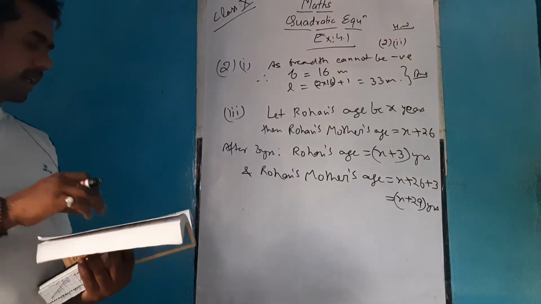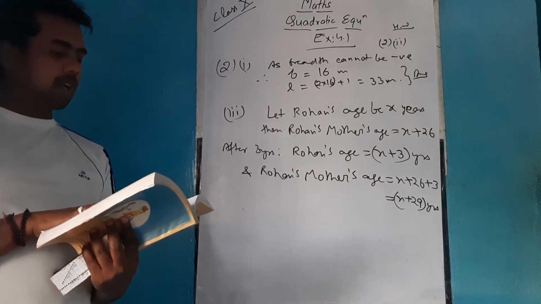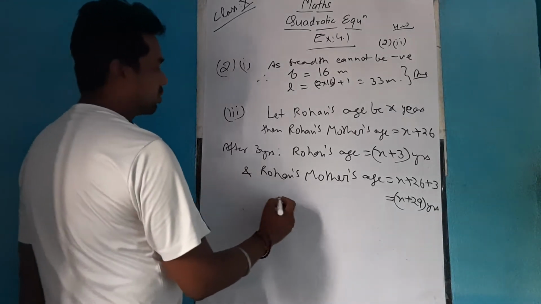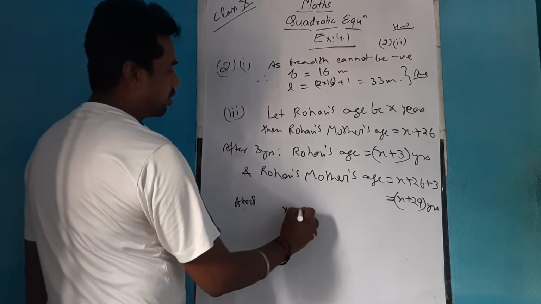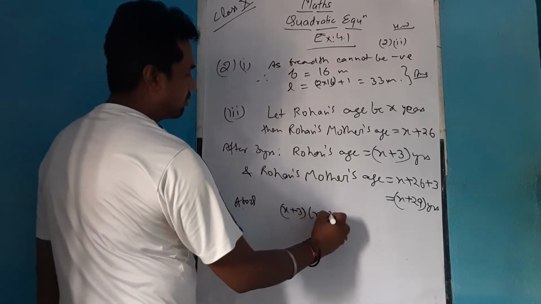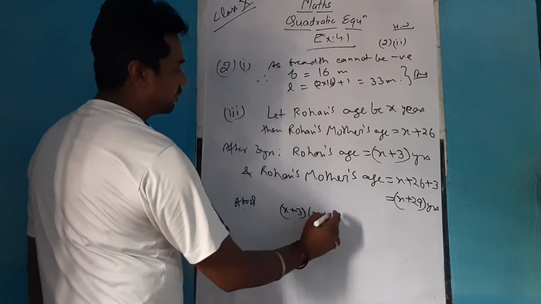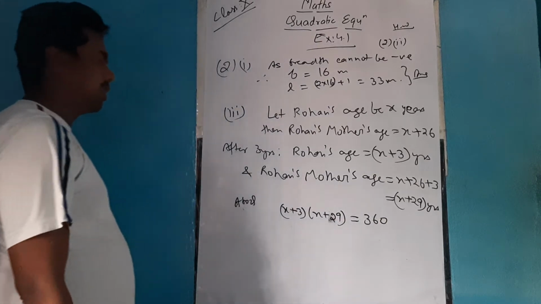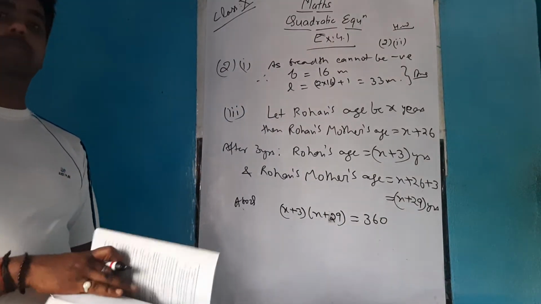Now it is given that the product of their ages 3 years from now will be 360. So according to the question, the product of Rohan's age and his mother's age after 3 years will be 360. So this will be the required quadratic equation.